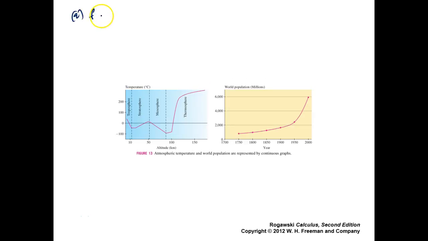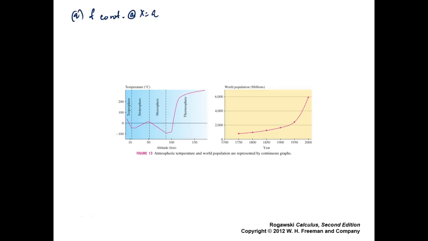A. A says f is continuous at x equals a. Now, what does that mean? For f to be continuous at x equals a, f of a is the value you would expect it to be. You can write that down.